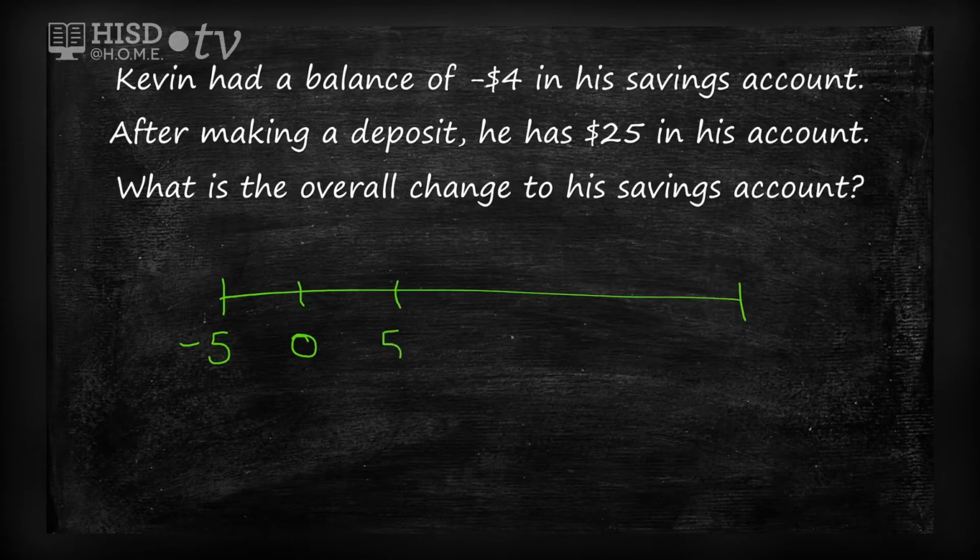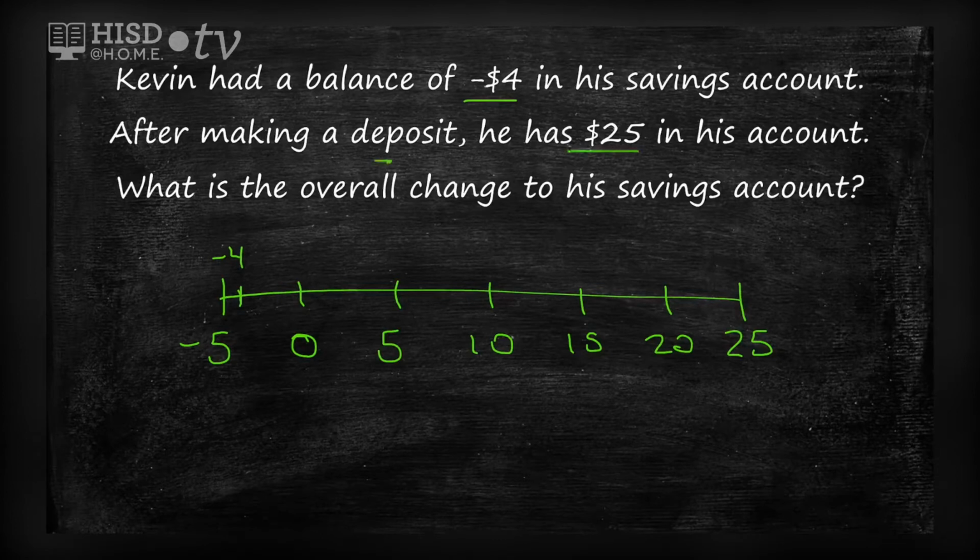So I'm going to do 5, then 10, 15, 20, and then 25. So I know that he started, according to my problem, at negative 4. So that's going to be right here. And then he went all the way to 25.